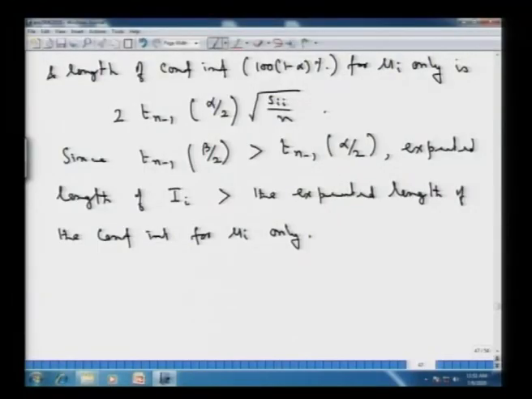Hence we would require in the simultaneous confidence interval set a larger interval, larger in the sense of having the expected length of that I to be higher. So, if we are looking at such simultaneous confidence intervals, the expected length of that confidence interval is expected to be higher.